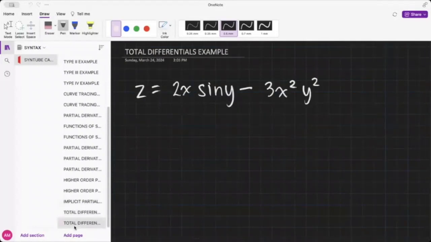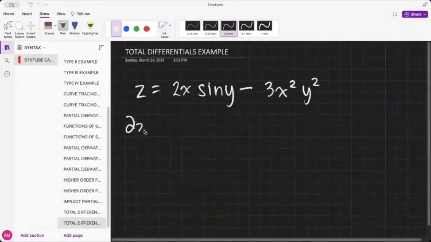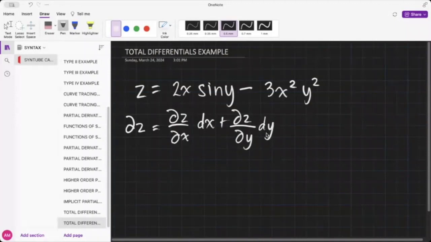Let's proceed now to the example. To illustrate this, we have here z is equal to 2x sine y minus 3x squared y squared, and you want to get the total differential. Just use the formula from earlier. So, dz is equal to dz over dx, since we have two variables here, x and y, times dx, plus the partial derivative of z with respect to y, times dy.